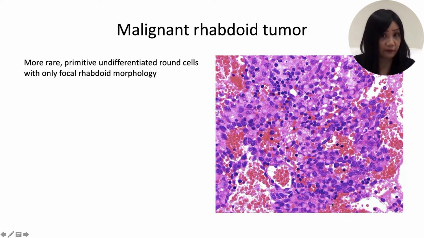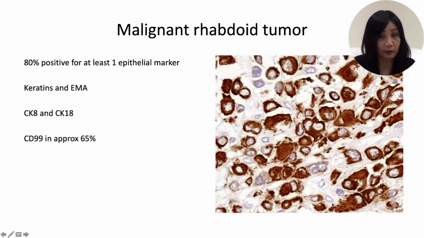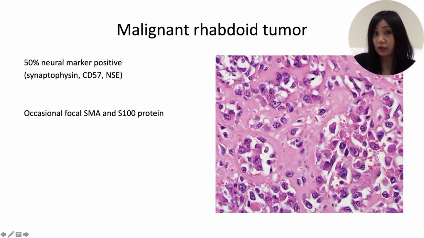There is a rare variant in which the cells are predominantly primitive, undifferentiated round cells with only focal rhabdoid morphology. These are invariably keratin positive, with 80% positive for at least one epithelial marker. Also EMA positive. 50% shows variable neural marker positivity.